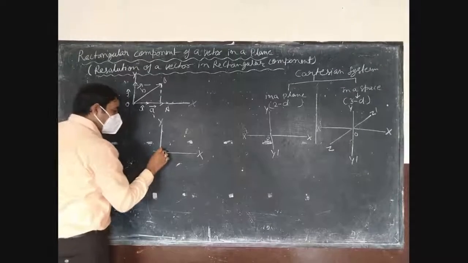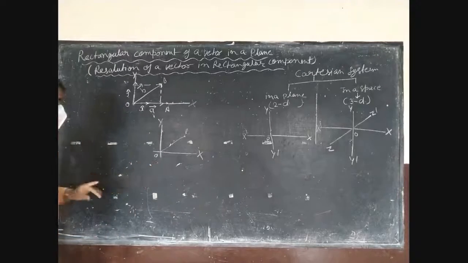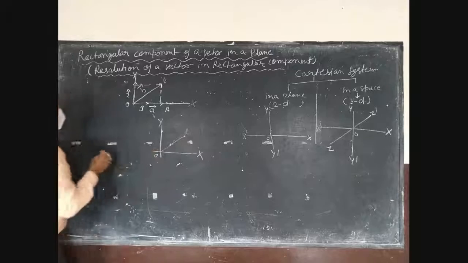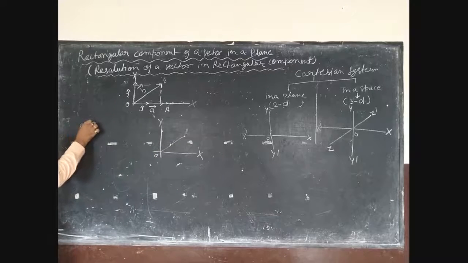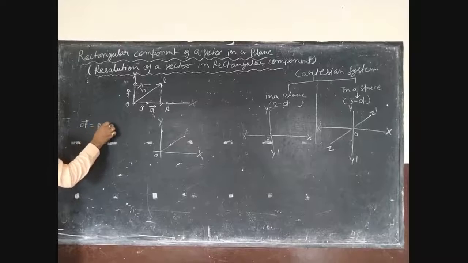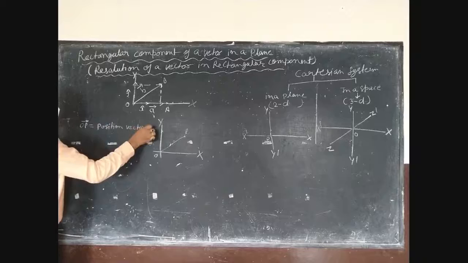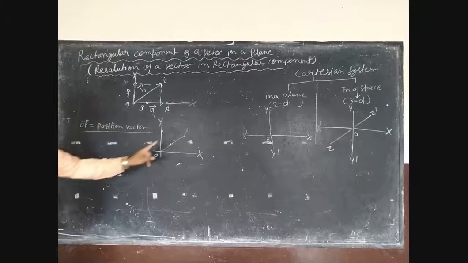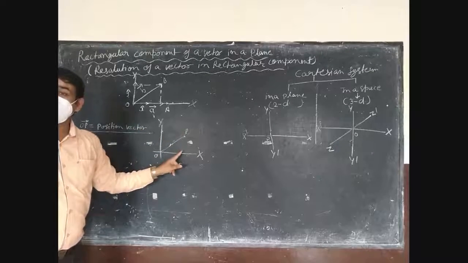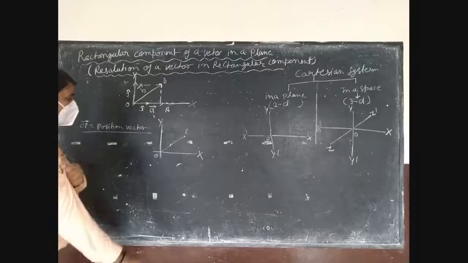So first we need to join this from the origin, and you get OP. This OP is called the position vector. Now we want the effect of this position vector along the x-axis and along the y-axis.